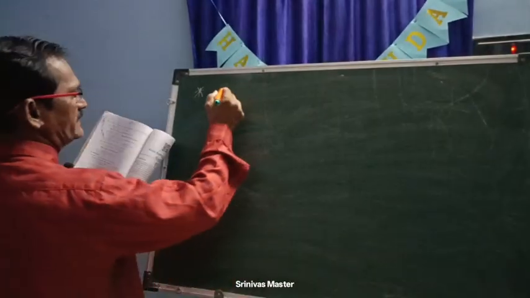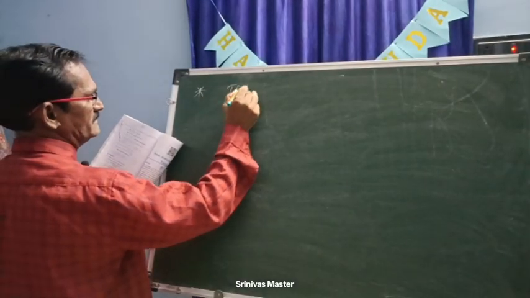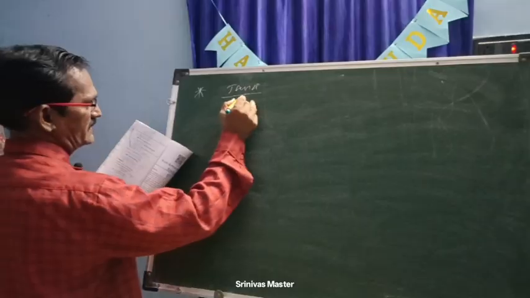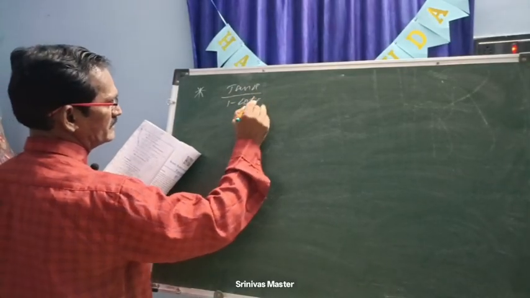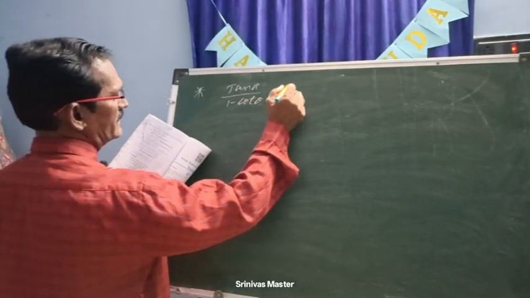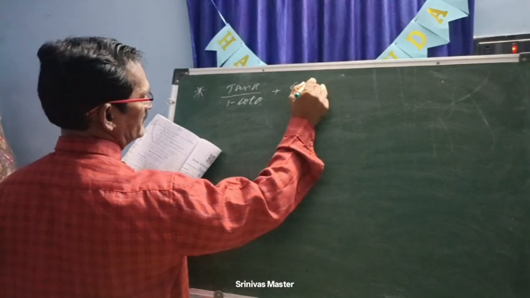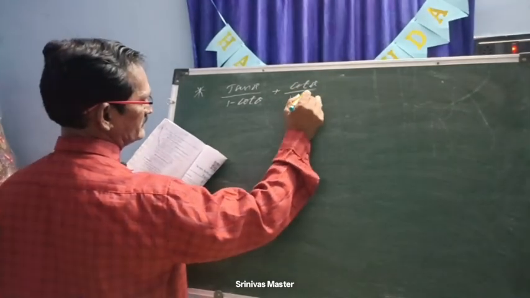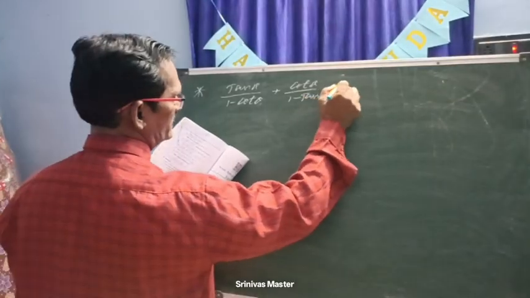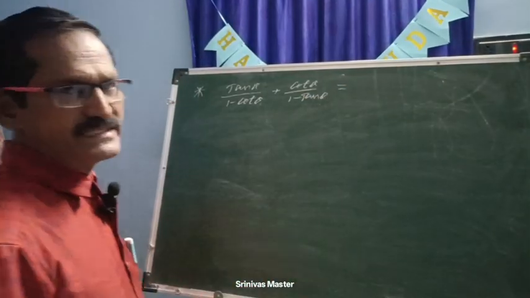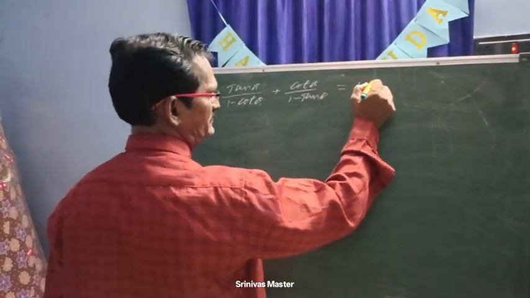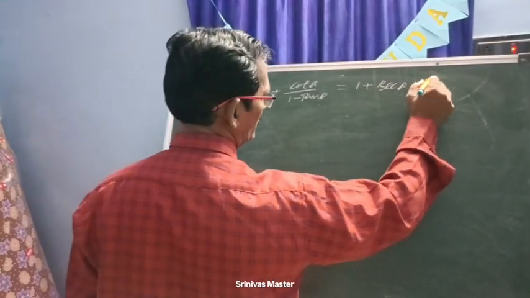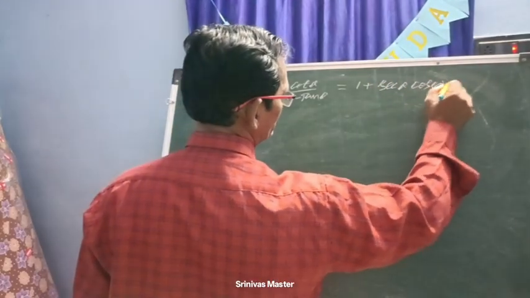So you can write tan theta by 1 minus cot theta plus cot theta by 1 minus tan theta equal to what? 1 plus sec theta into cosec theta.